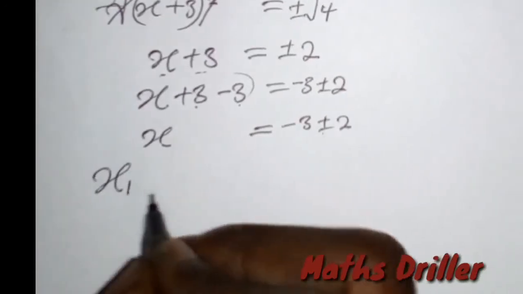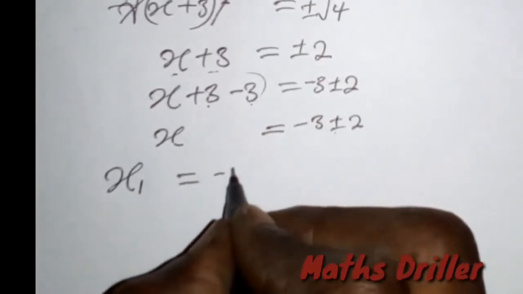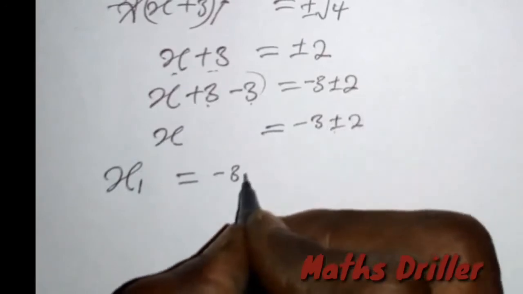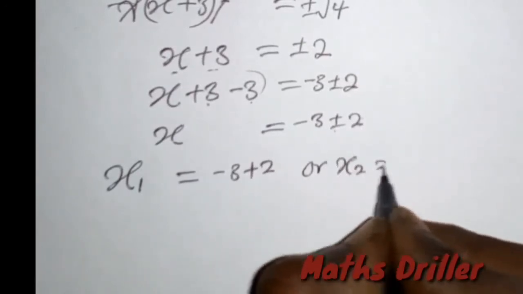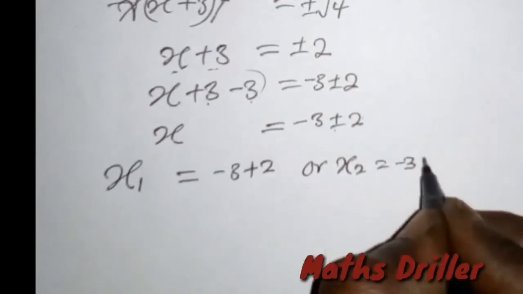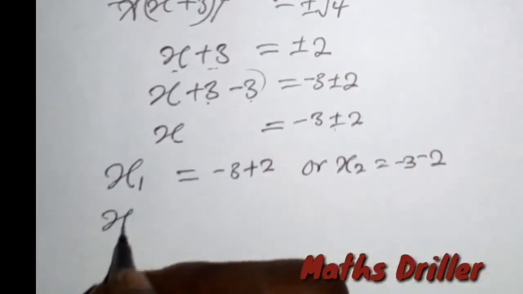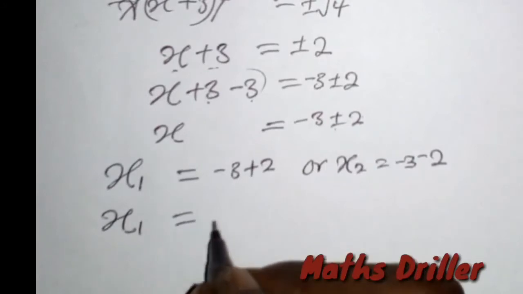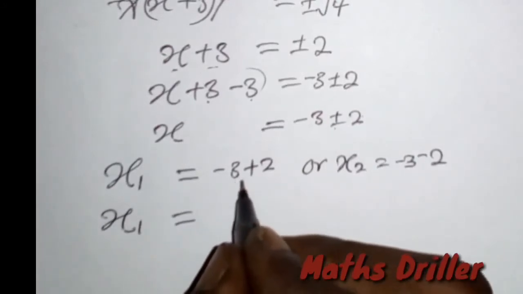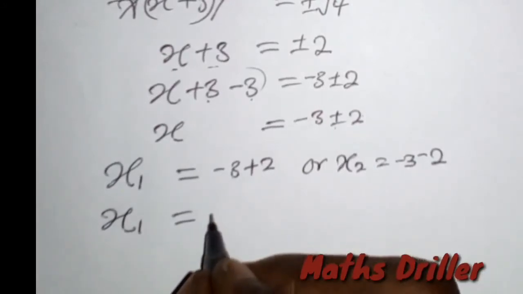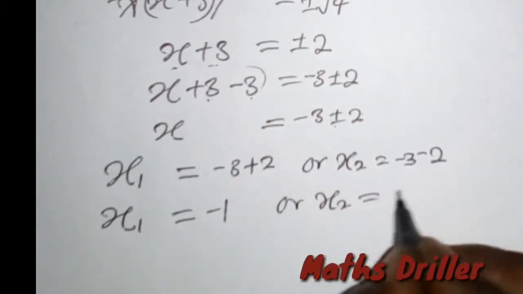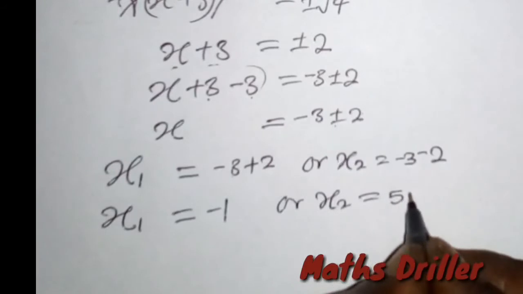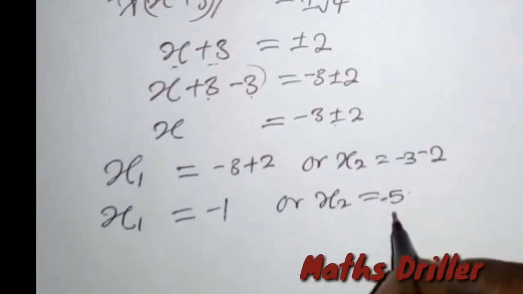Let's say the first value x1 is equal to minus 3 plus 2, or the second value x2 is equal to minus 3 minus 2. Therefore, x1 is equal to minus 3 plus 2, which is minus 1, or x2 is equal to minus 3 minus 2, which is minus 5.